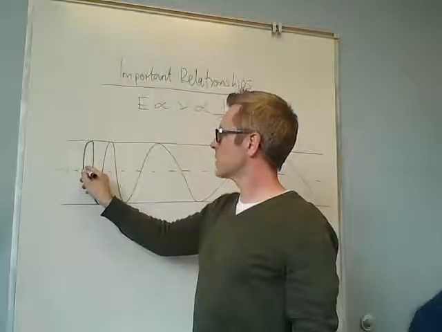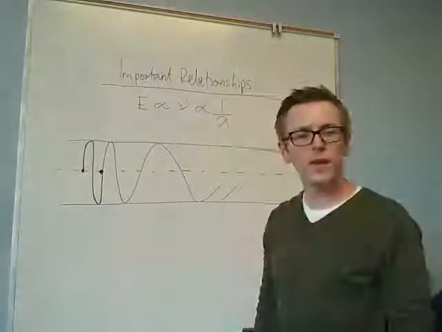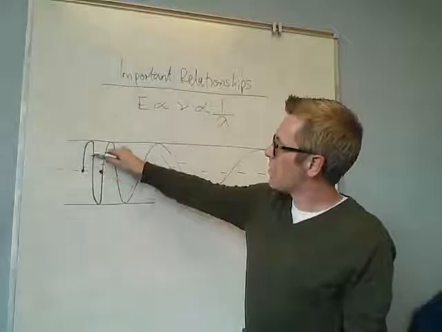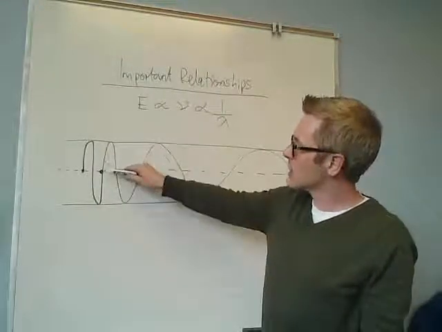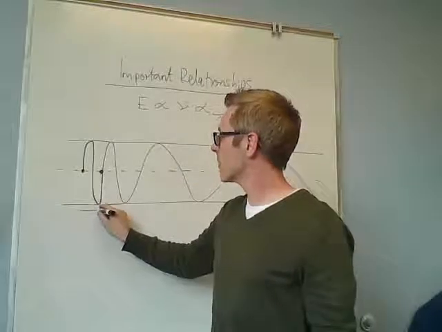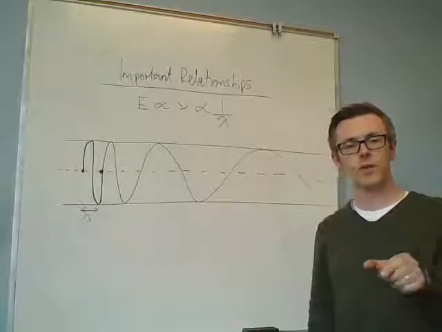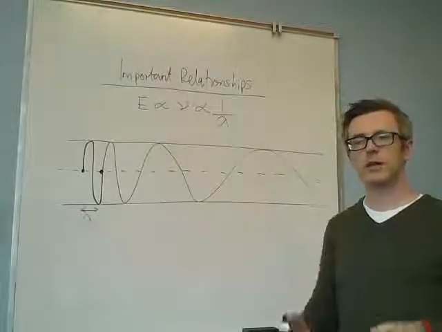Let's look at the distance between this point and this point. The wave repeats itself. It goes up, down, and it's ready to go up, down again. So that distance there is the wavelength. The wavelength is the smallest repeating unit of a wave.